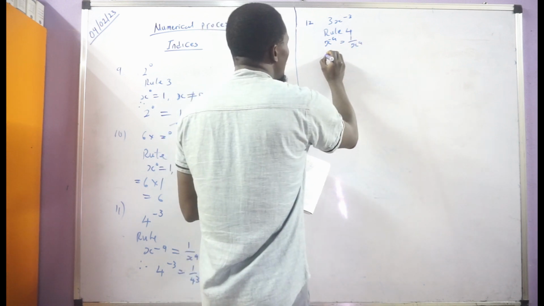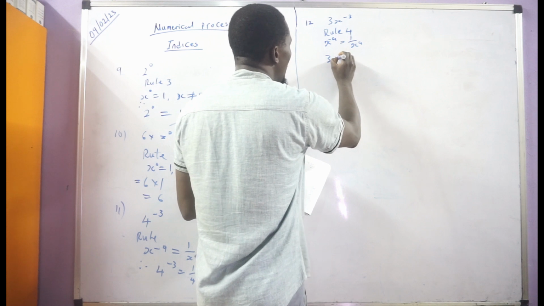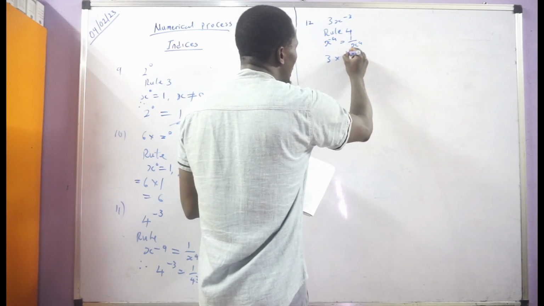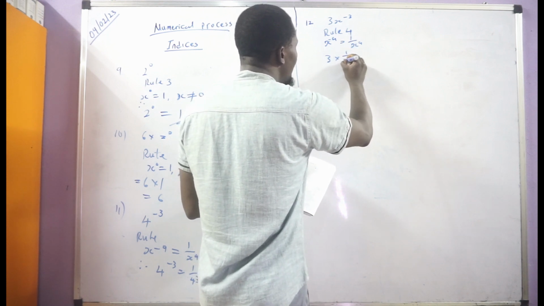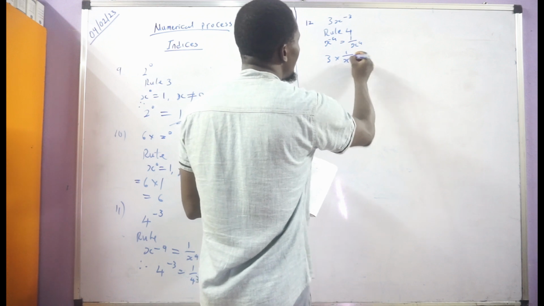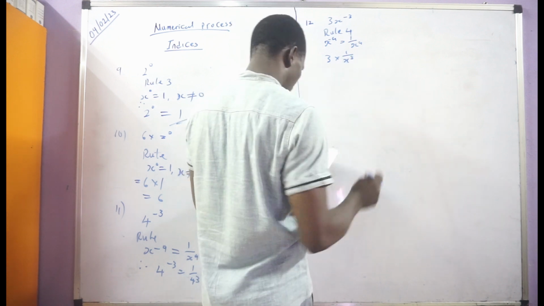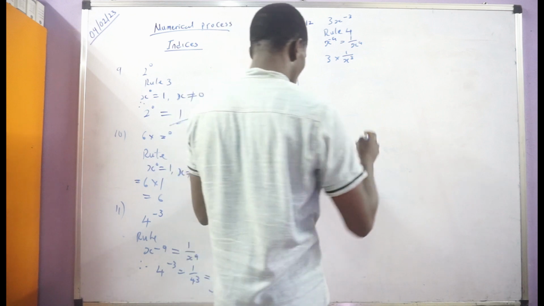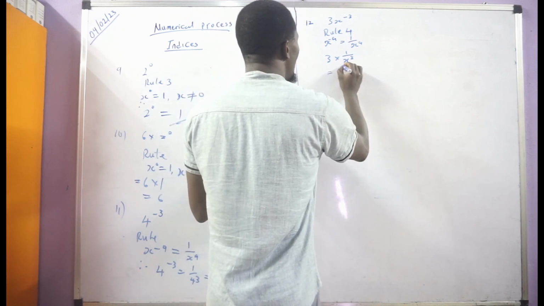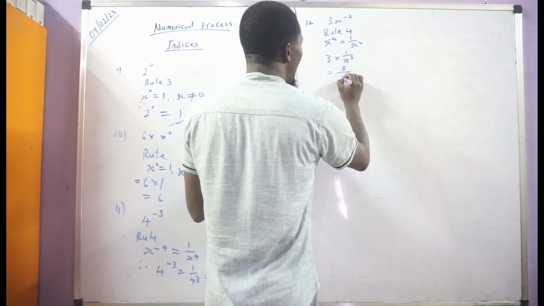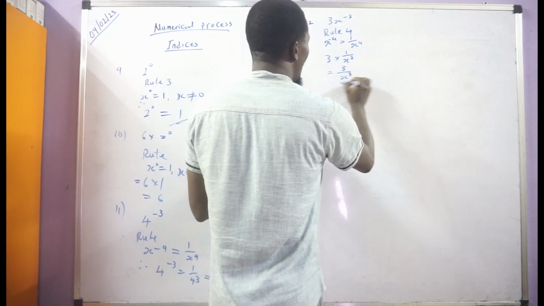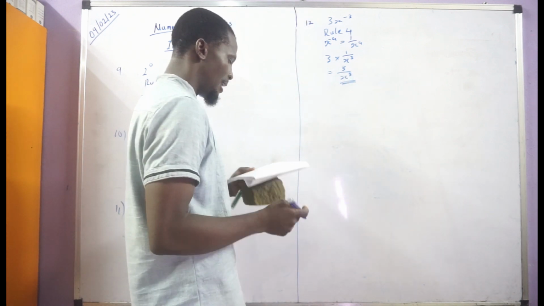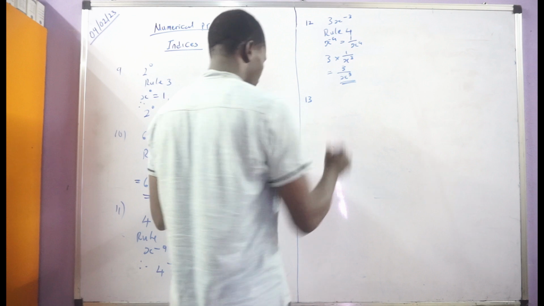So we have 3 multiplied by 1 over x raised to power 3. This is going to give us 3 over x raised to power 3, and that is our final answer.